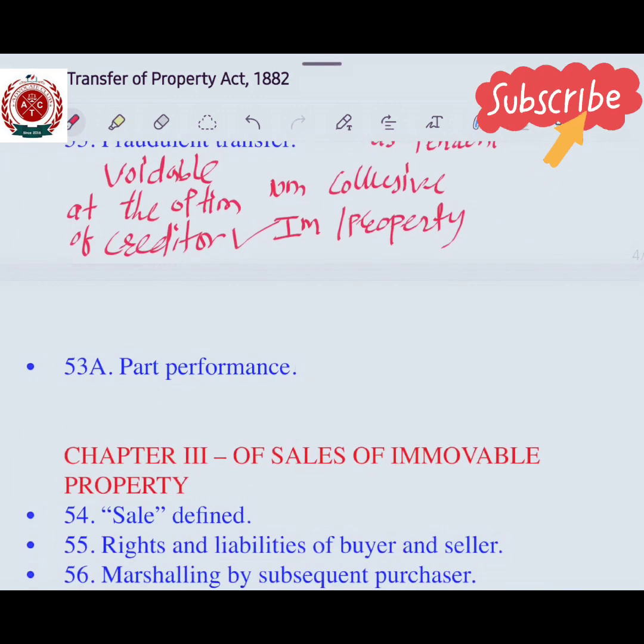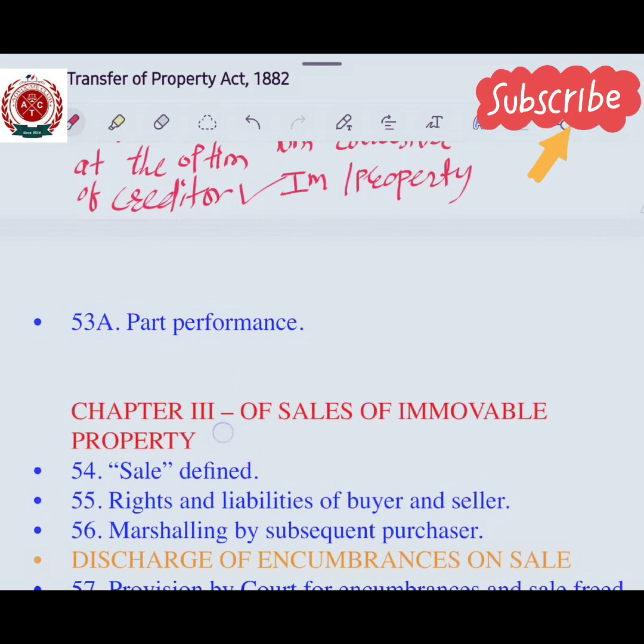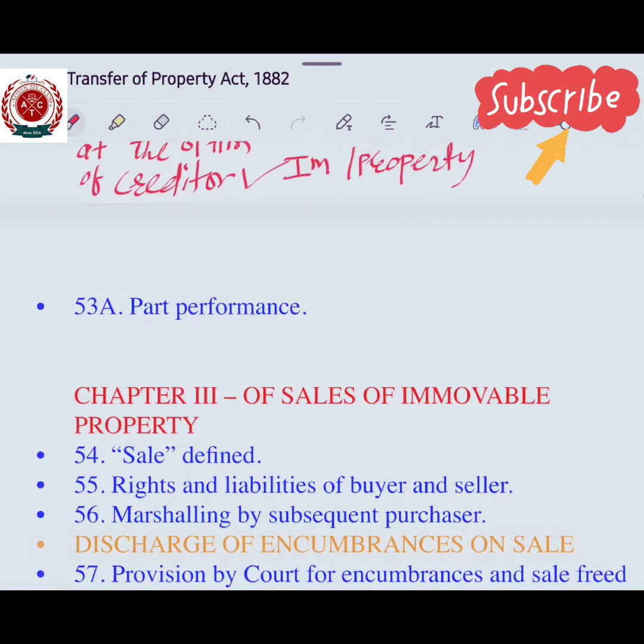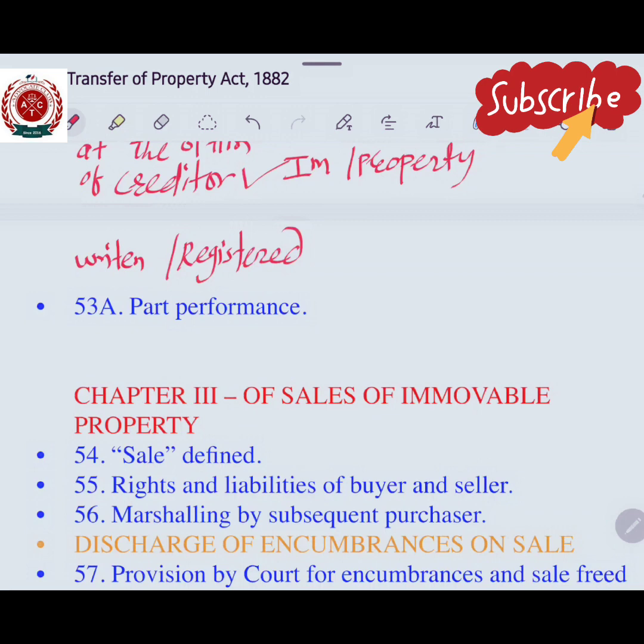Then onwards, section 53A, it is part performance. Part performance requires a contract in writing and registered. The first condition of part performance is that it is written and registered. Next, it is also an immovable property. As we have seen, after section 37, all the property is immovable property.